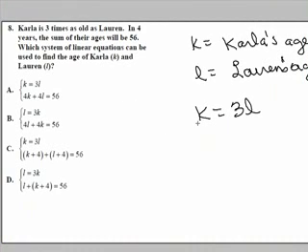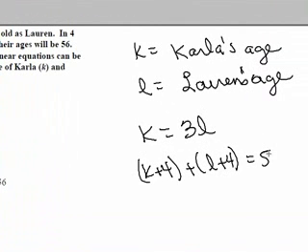So now we simply add their two ages together. As you can see, I gave you the answer for this problem right here. It didn't ask you to solve the system. It just asked which system represents the correct answer.